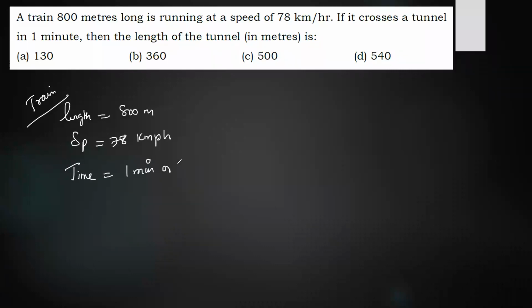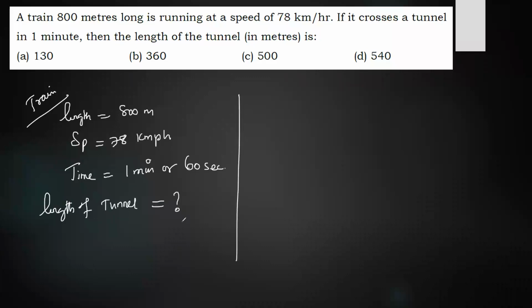So train length, we know that 800 meters. Speed 78. It crosses a tunnel in 1 minute. So we know the length, speed, time.